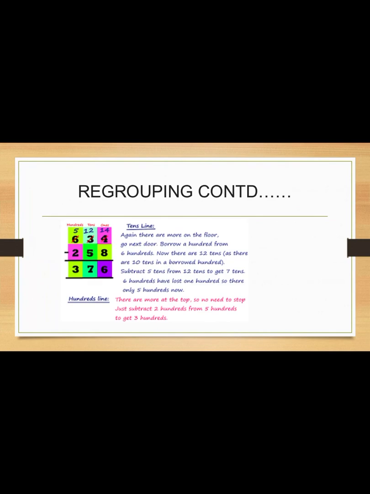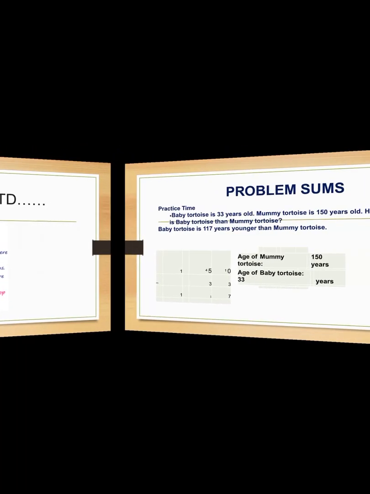So naturally what happened here? It becomes 2. But 2 is less than 5. We cannot subtract it. So I have to take again 1 from 6. So it becomes 12. 12 minus 5 is 7. But from 6 I have already taken 1. So it is 5 now. 5 minus 2 is 3. So the answer is here 376. So this is a regrouping subtraction.